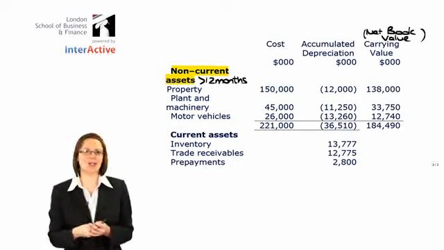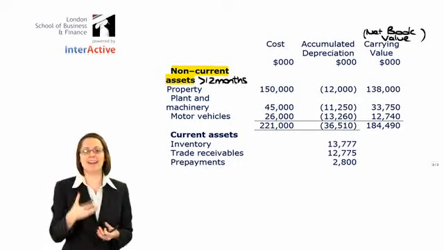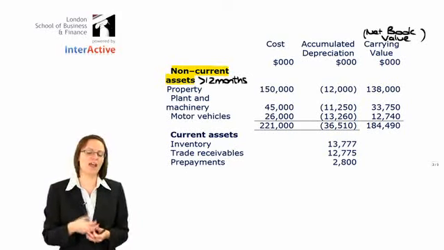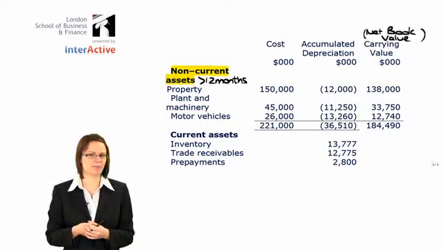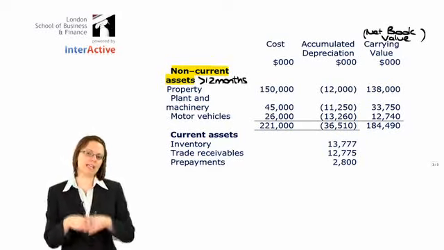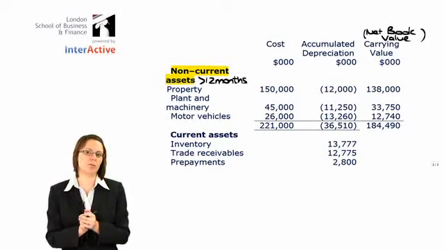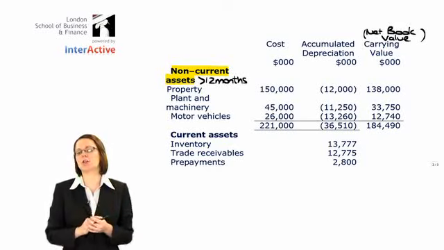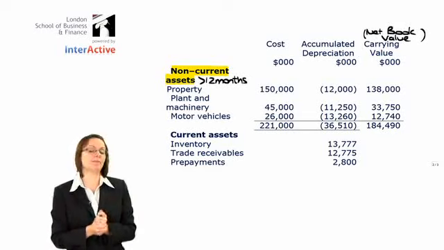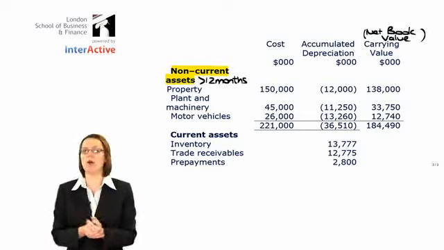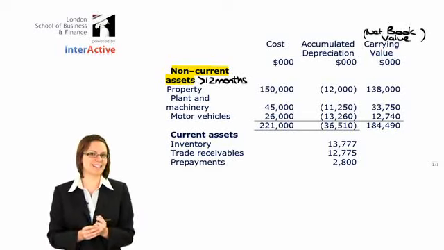Now, we've got a whole section devoted to depreciation later on in our studies, so we'll have a look at this idea of depreciation later on. For the time being then, if we take the original cost of the property and minus the accumulated depreciation, that is going to give us the carrying value or net book value of that non-current asset.